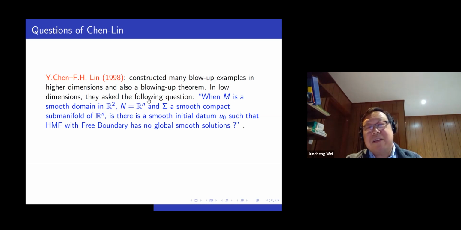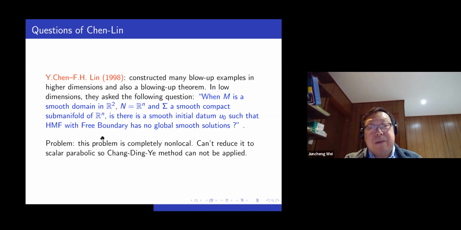But in low dimensions, the simplest example will be M is R2 and N is R1, for example, or Rn. And in this case, they ask if there's finite time blowup, because the problem is completely non-local, and so you cannot reduce this to a scalar parabolic equation.